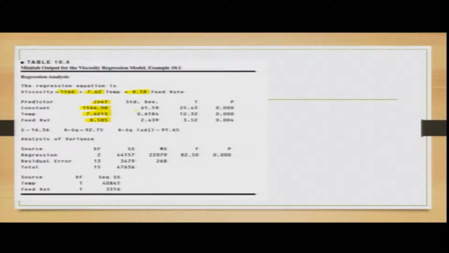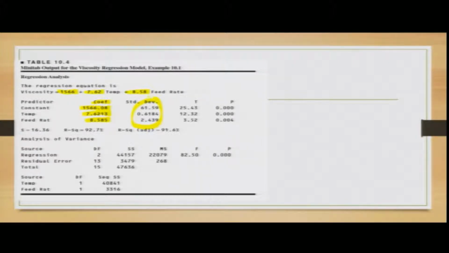The standard errors for these constants, because they are estimates, would have an expected value, and if there is an expected value they are random and there would be a variance. So the standard errors are given for all three: the constant beta naught, the temperature coefficient beta 1, and the feed rate coefficient beta 2.